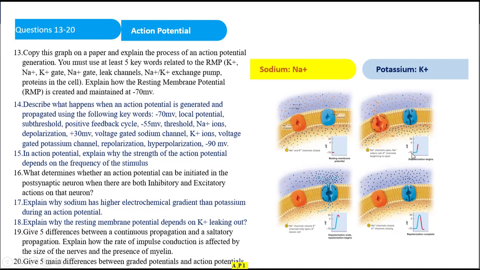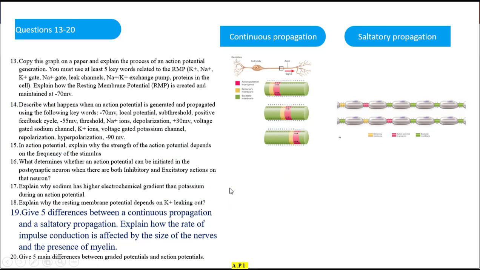From -70 to -55 to 0 until it becomes positive. When it becomes positive up to 35, sodium gates close, potassium gates open. Now when potassium gates open, it will allow potassium to go out to make the cell come back to where it used to be. We call that repolarization, right? So that's what it's explaining here.